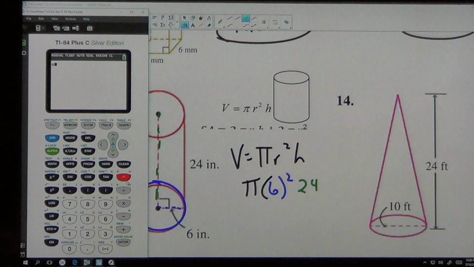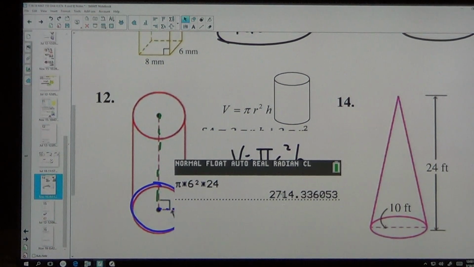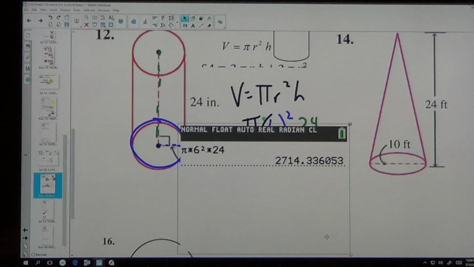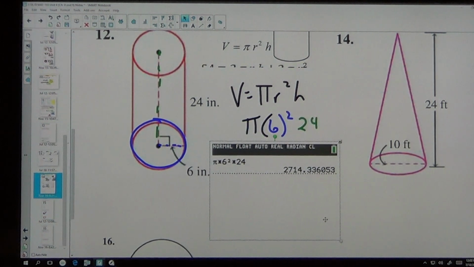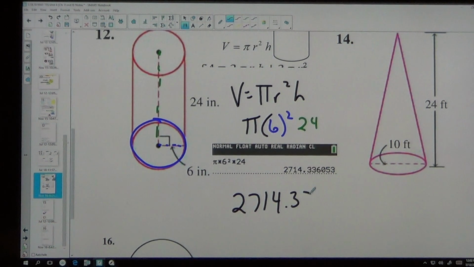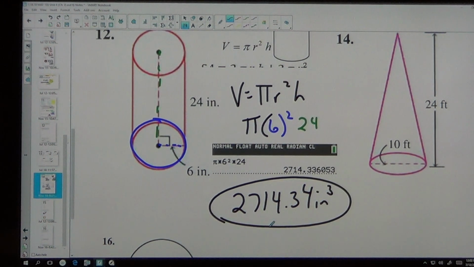It's pi times 6 squared times h, which is 24. Then round to whatever they tell me, the tenths, the hundredths, and my units are going to be to the third, because I'm doing volume. 2714.34 inches to the third.